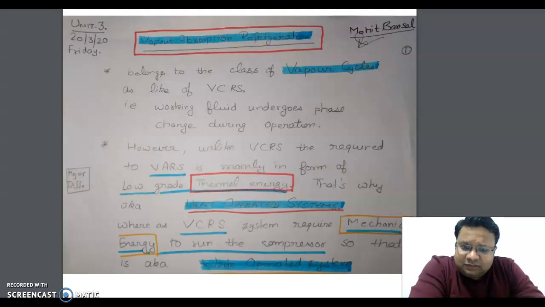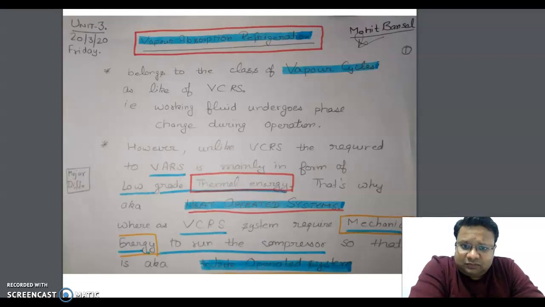Likewise, vapor absorption refrigeration systems fall under the category of vapor cycles. The main thing to understand is that in vapor cycles, the working fluid must undergo phase change during its operation.